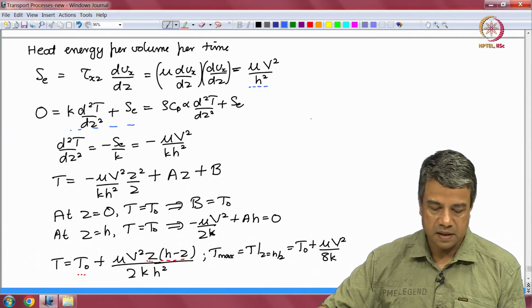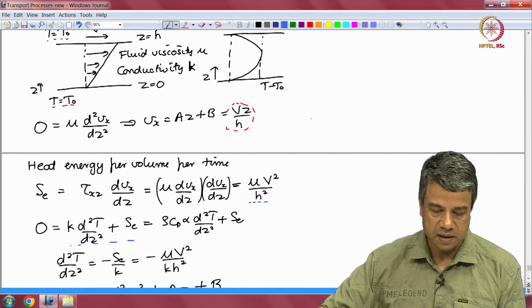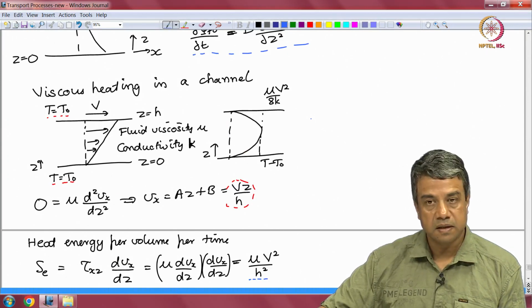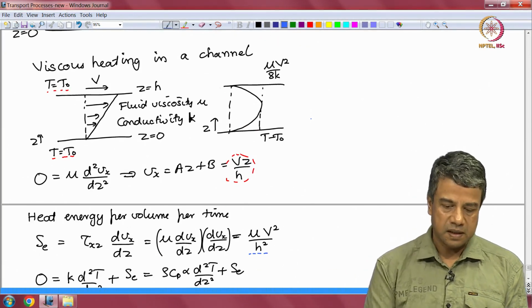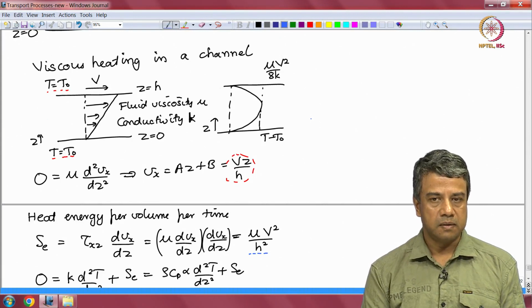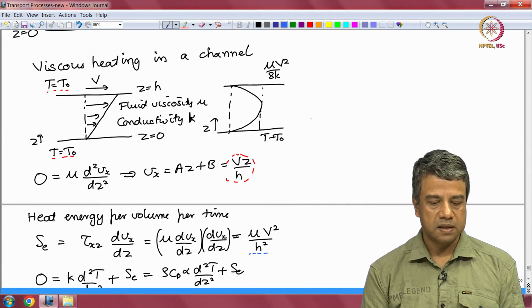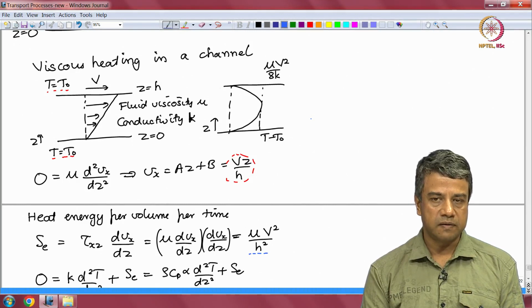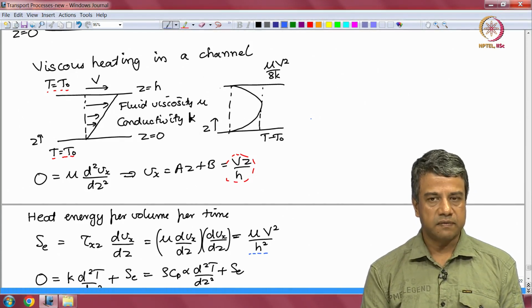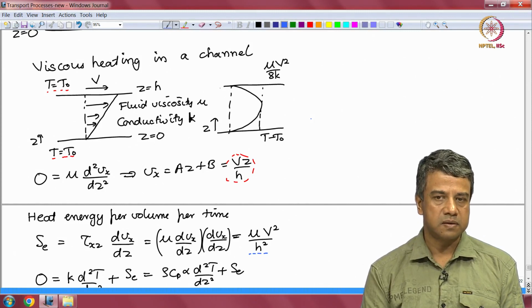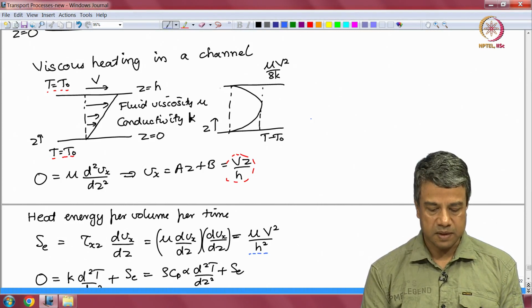The next complexity that we had considered was the case where there is a source which is a constant. An example of this was viscous heating in a channel, where we apply a constant temperature on both sides. The fluid is being driven by a relative velocity between the two surfaces, viscosity mu, thermal conductivity k. In this case, the velocity profile is linear because there is no momentum source in the momentum equation.